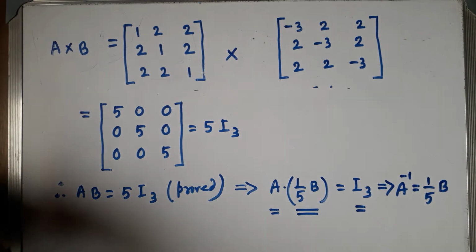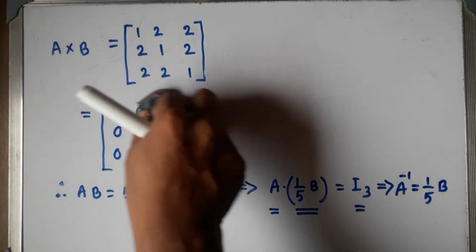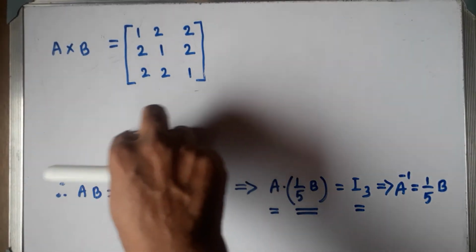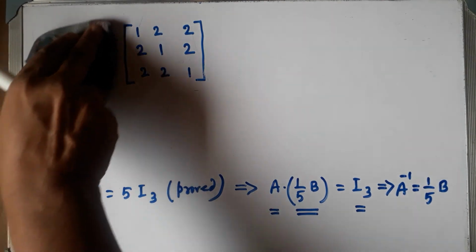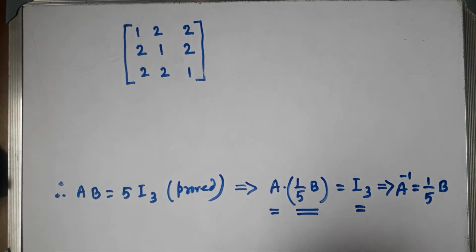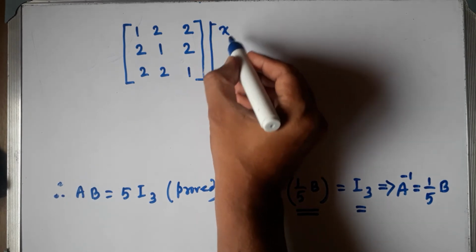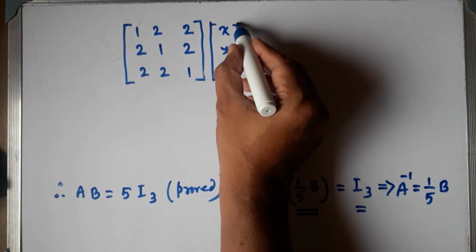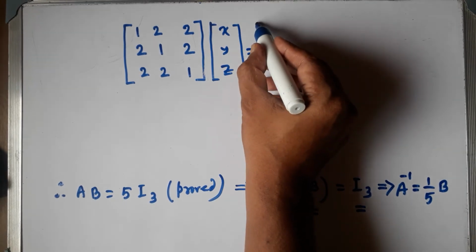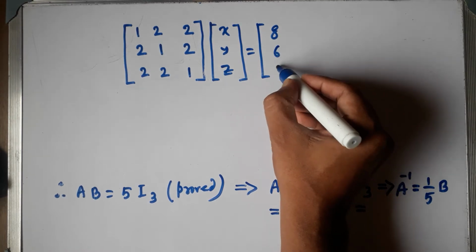Next part: this system of equations can be written as this matrix into x, y, z is equal to 8, 6, 6.